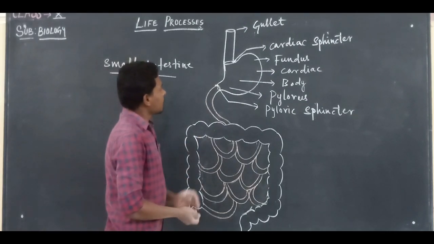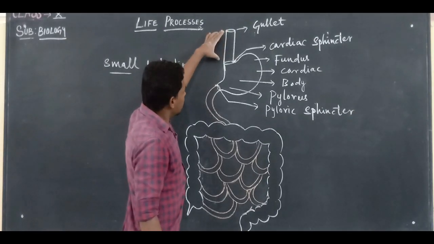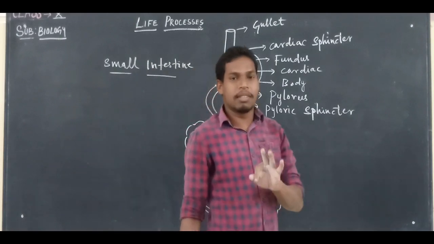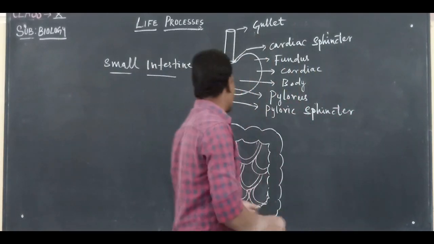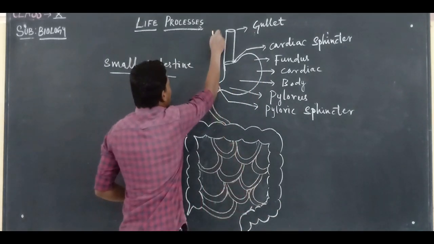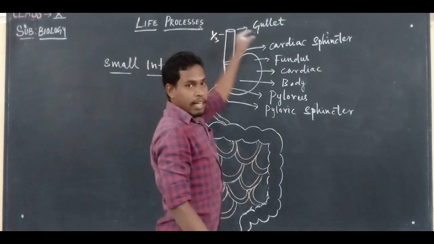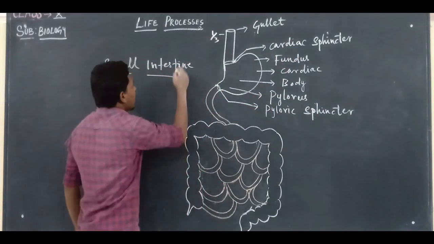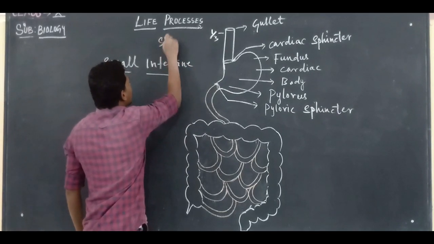Before that, one more thing I need to tell you: the esophagus is made up of two different muscles. The first one third, the upper part of the esophagus, is made up of skeletal muscles.